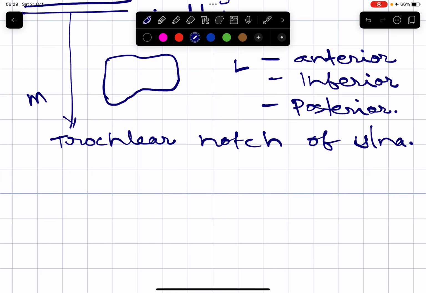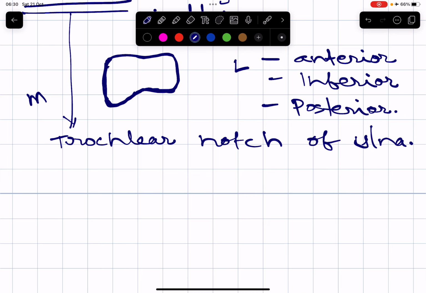And we also have to notice that this trochlea is asymmetrical. You can see this is medial, and here we have this projection which is known as the medial flange of the trochlea, and then this small area is called the lateral flange of the trochlea. So what is this medial flange and lateral flange? It is nothing but an extension of the pulley.